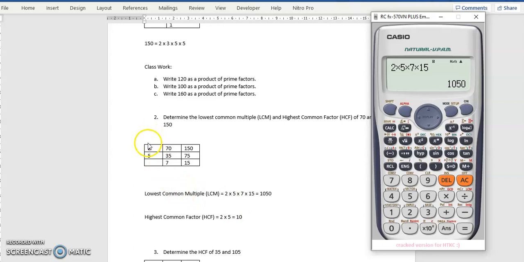The highest common factor is this 2 times 5. It gives us 10. How do you get it? 2 times 5 is 10. If you are not sure, how do you press it on the calculator? 2 times 5. It's easy, ne? Good.